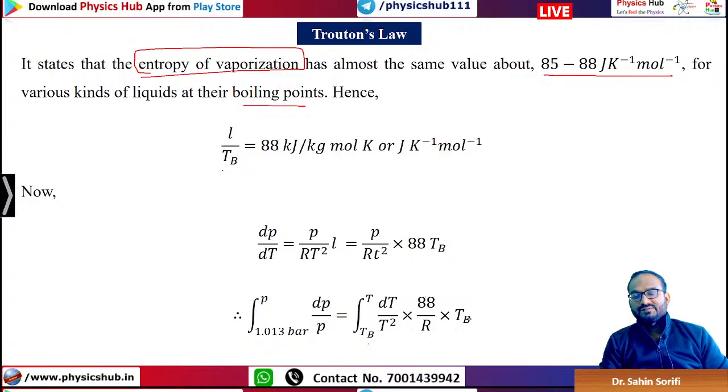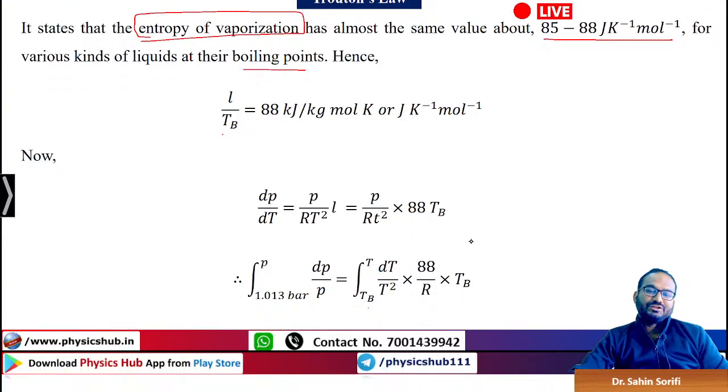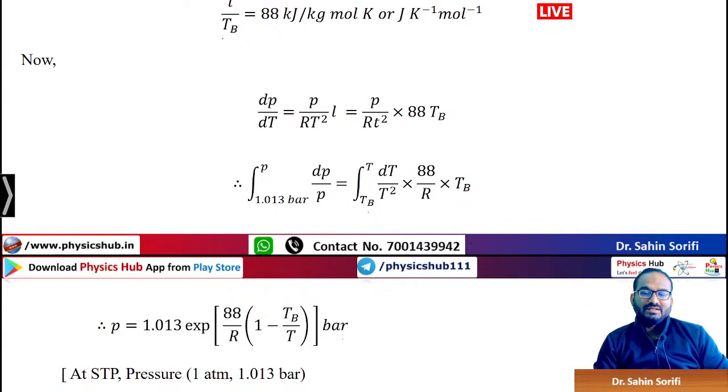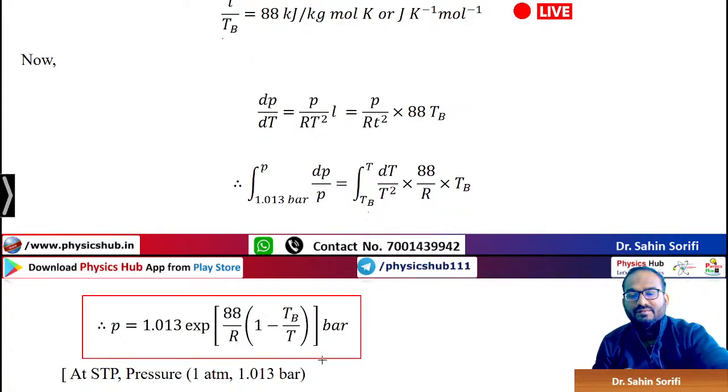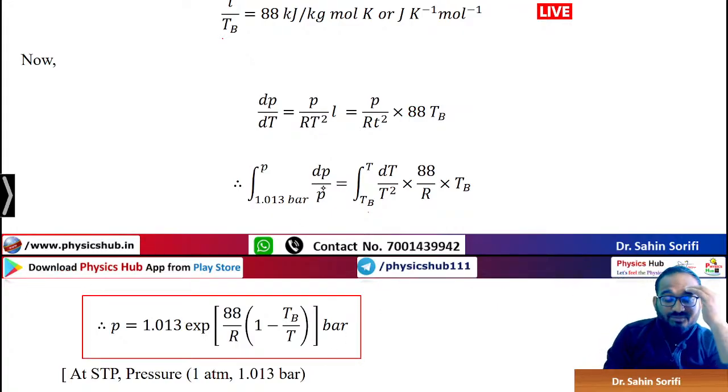If you take this integration, then you get an expression like this. dP by P, so ln P. From that you will get P, and we have shown this kind of calculation before also. 88 by R dT by T square, so 1 minus TB by T.